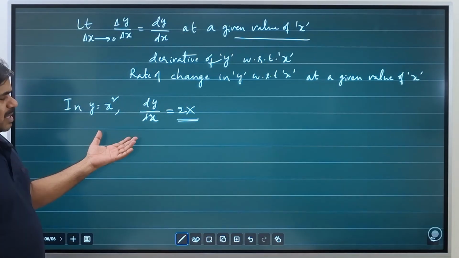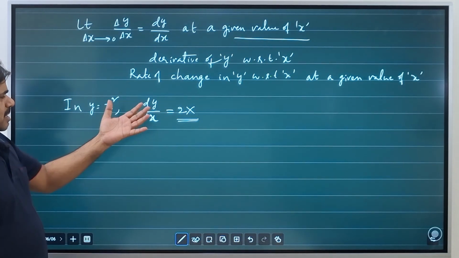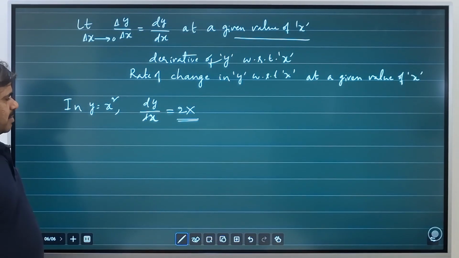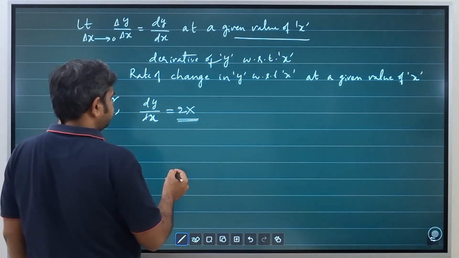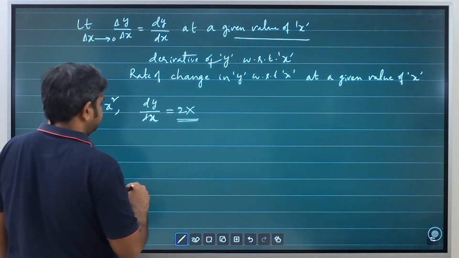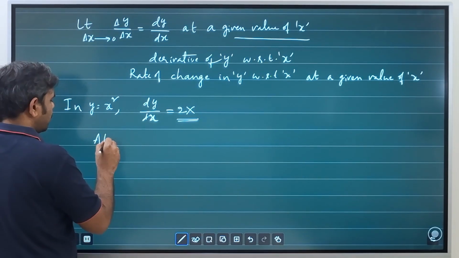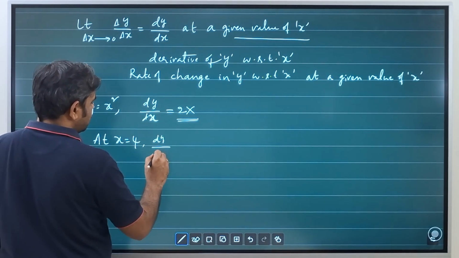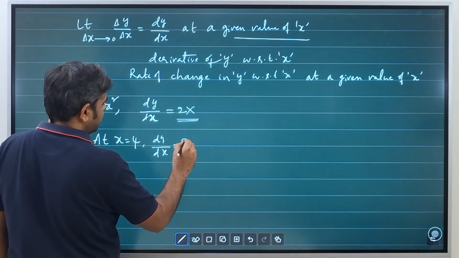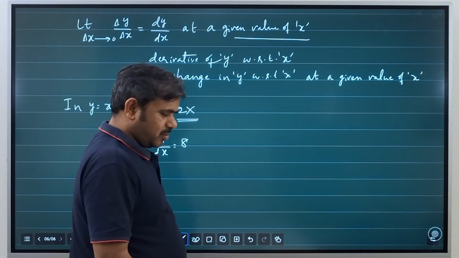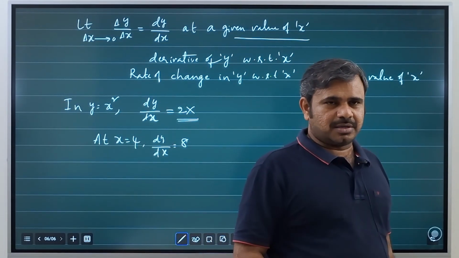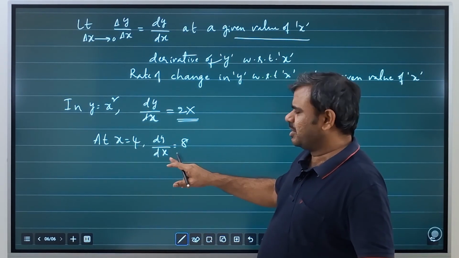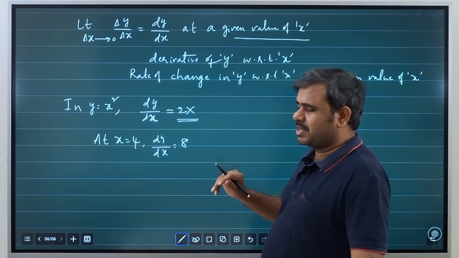What it means is, as delta x tends to 0, delta y by delta x tends to 2x. That's what it means. dy by dx is equal to 2x. At x is equal to 4, dy by dx is equal to 8. It means at x is equal to 4, the rate of change in y with respect to x is equal to 8.